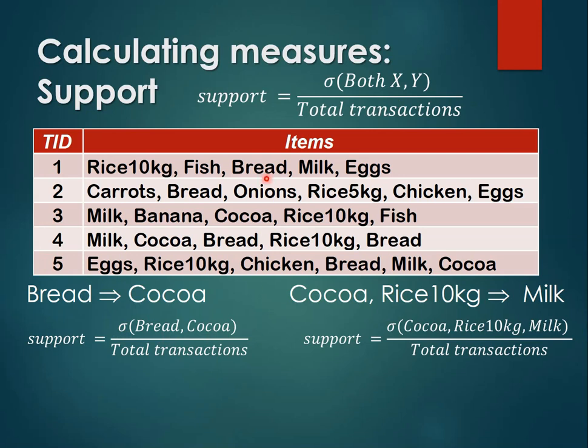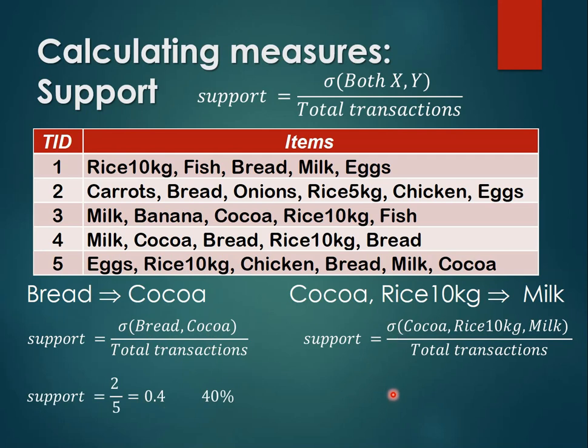We have bread and cocoa here, and here. So transaction ID number 4 and 5. There are 2 transactions that contain both bread and cocoa. So the support will be 2 divided by 5, which equals 0.4 or 40%.